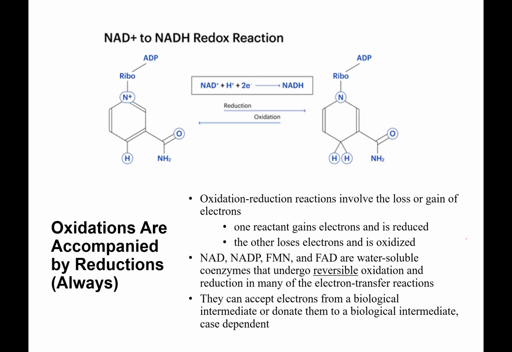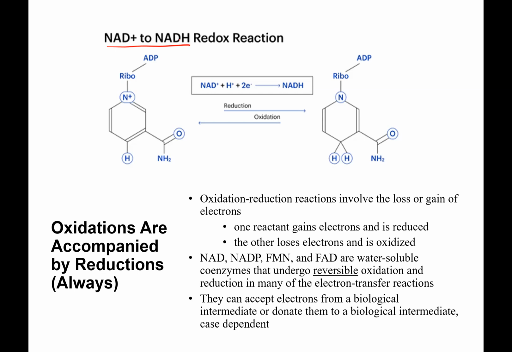And the other thing to keep in mind is that oxidation never, ever happens without reduction. So when we're looking at metabolic reactions, if something is getting oxidized, the other thing is getting reduced. This here is NAD plus to NADH and in reverse.